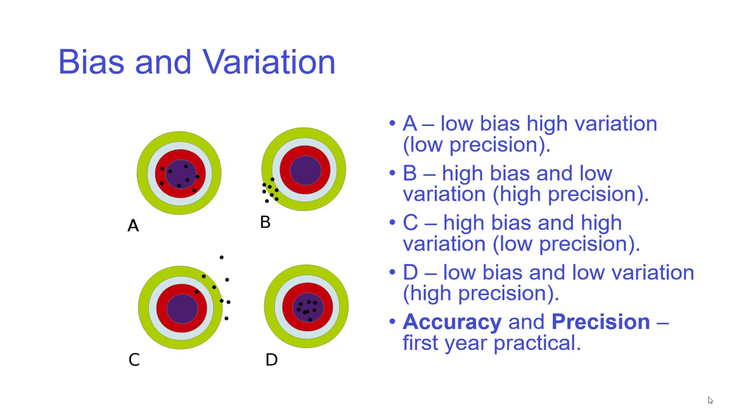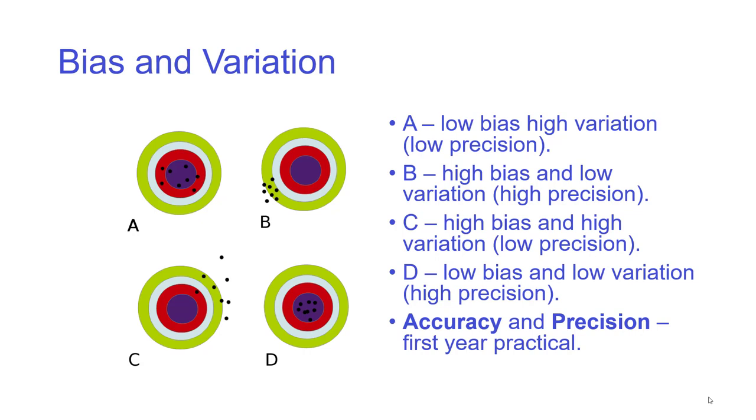C is the worst possible case. You've got lots of scatter, so you've got low precision, and you've also got bias, so you're nowhere near the accurate and correct result. And D is exactly where you want to be. All of your points are very close together, so you've got high precision and you're accurate, you've got low bias, and you're in the center of the bullseye.